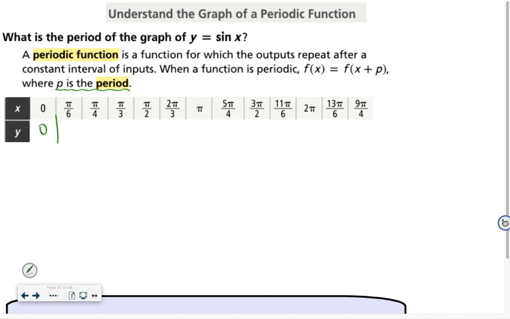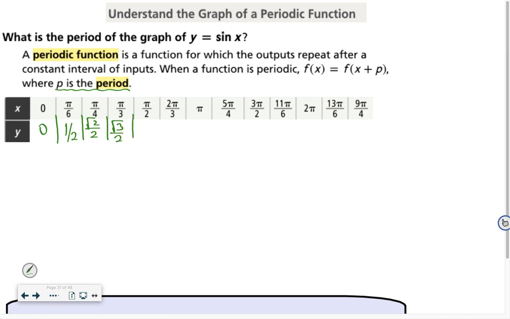What about pi over 6? If you substitute pi over 6, you will find 1/2. If you substitute pi over 4, you will get radical 2 over 2. If you substitute pi over 3, you will get radical 3 over 2.